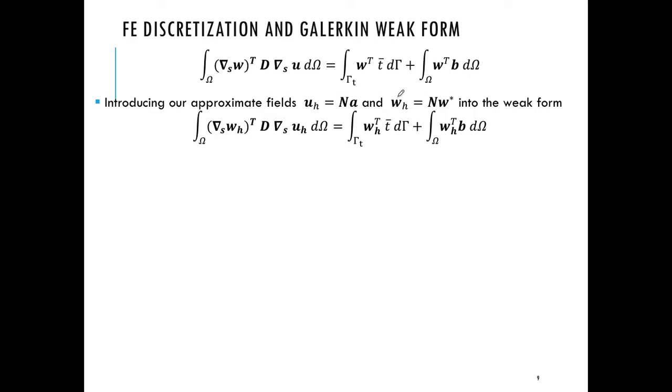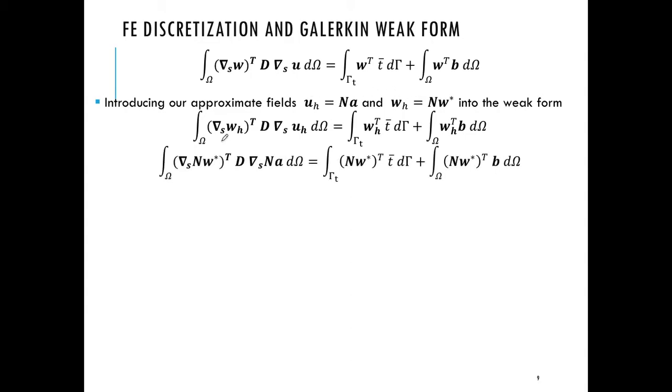Right? They're arbitrary. They could take essentially any value, except that they must fulfill overall that w is 0 at the essential boundary, right? But within the domain, they could take any arbitrary value, right? Okay, so substituting those in, wherever I have w^h, I get N w star. Wherever I have u^h, I get N a.